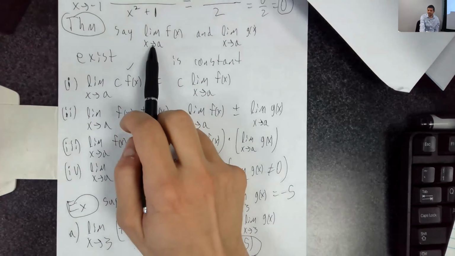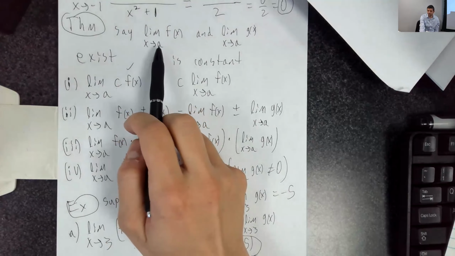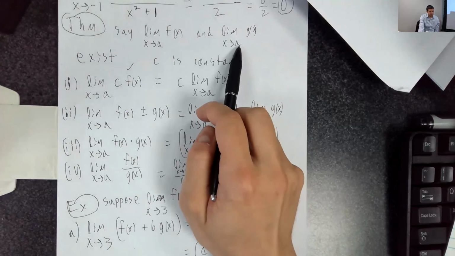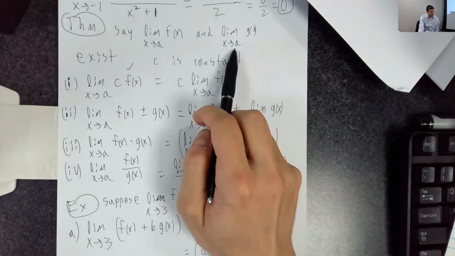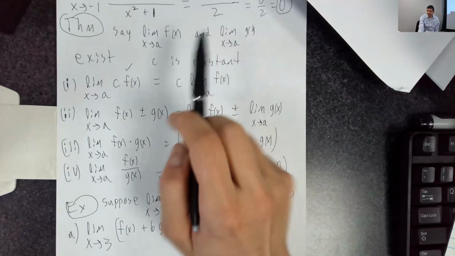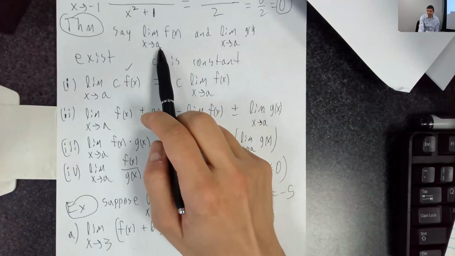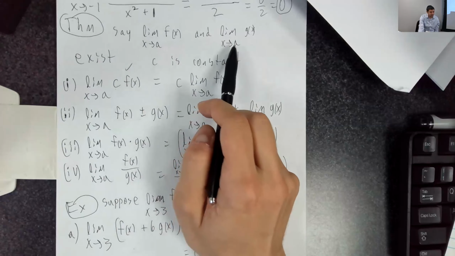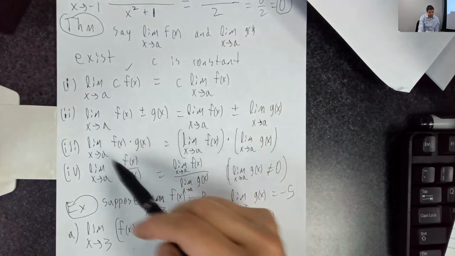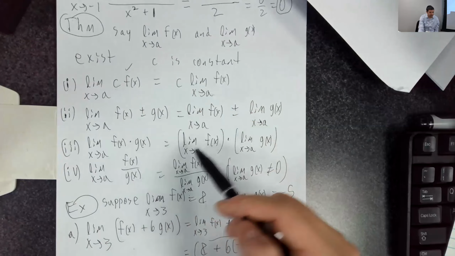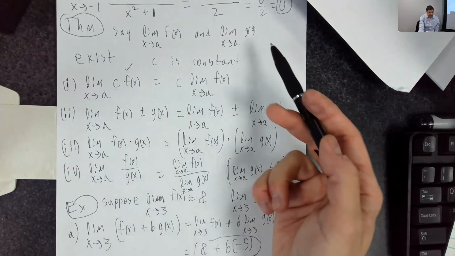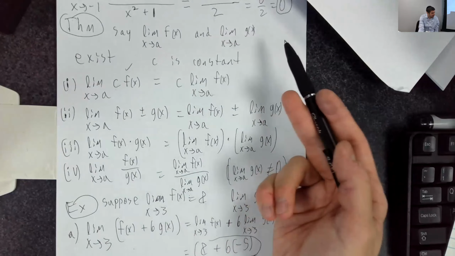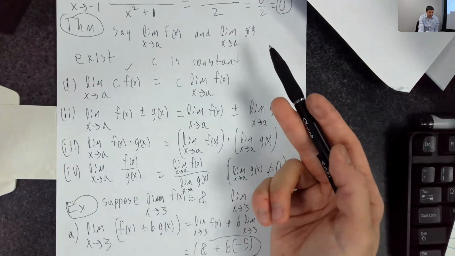So the limit of f of x as x goes to a, and also this one, x goes to a. If this was the limit of f of x as x goes to 5, and this one was x going to 4, this wouldn't help you, right? Because we just don't know the limit of g of x as x goes to 5. They only give us the limit as x goes to 4.